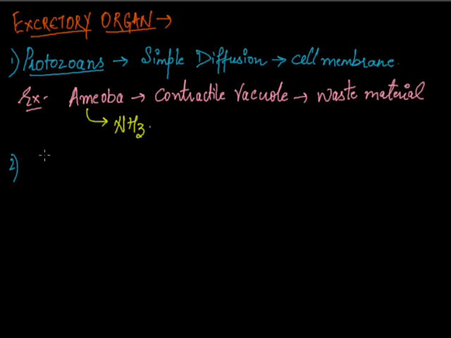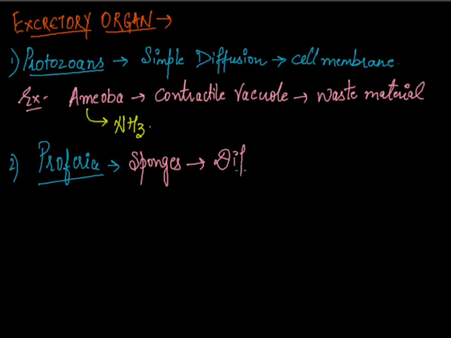Now the next we will deal with porifera. In porifera, the very good example we have all studied is sponges. They excrete through simple diffusion, that is, the waste product inside the body is in high concentration, so it will diffuse from higher concentration to lower concentration, and this is done through the plasma membrane of individual cells.